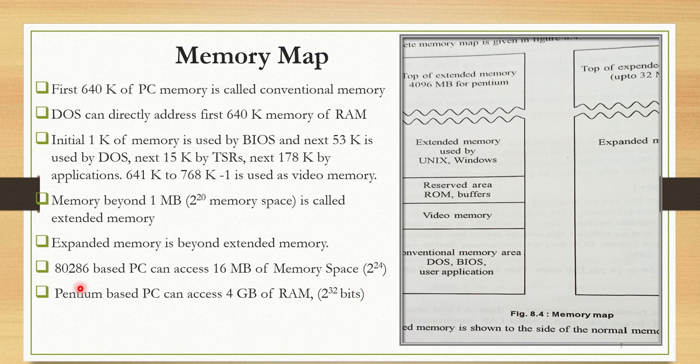The 286 machine has a 24-bit address bus, so it can access 2 to the power 24 memory space. That means it can access 16 MB. Similarly, Pentium machines can access 4 GB of RAM because a Pentium machine has a 32-bit address bus.